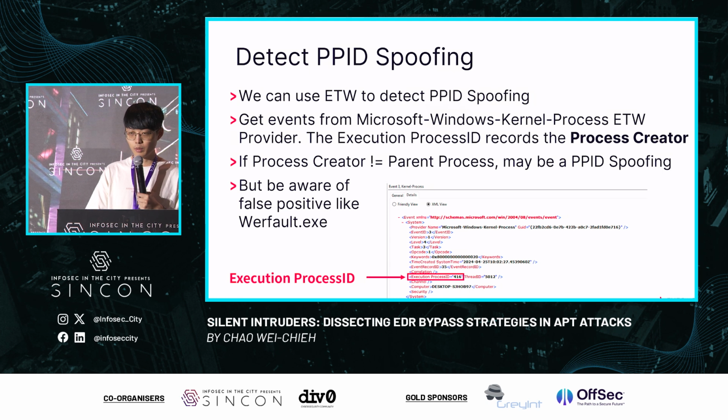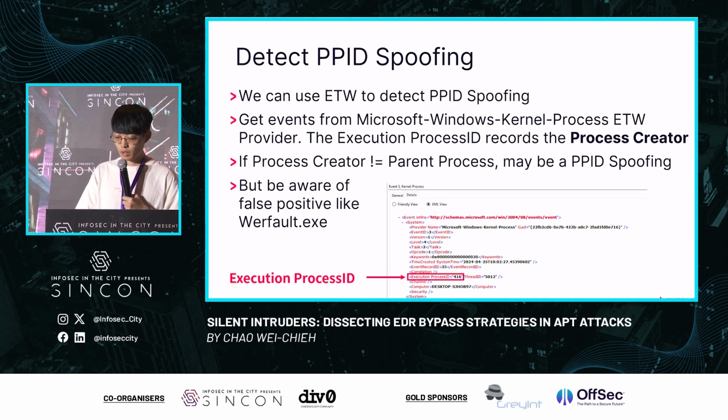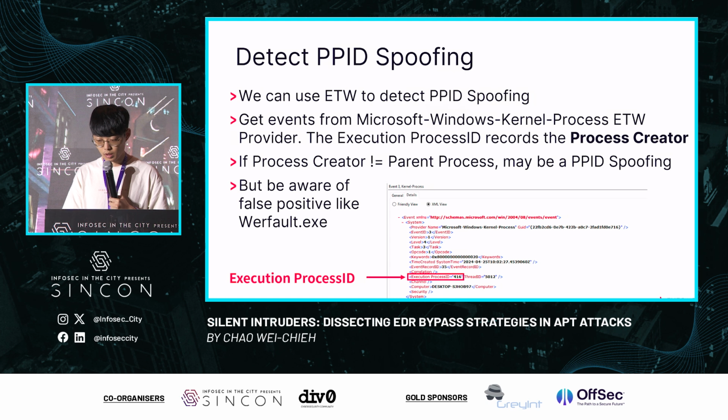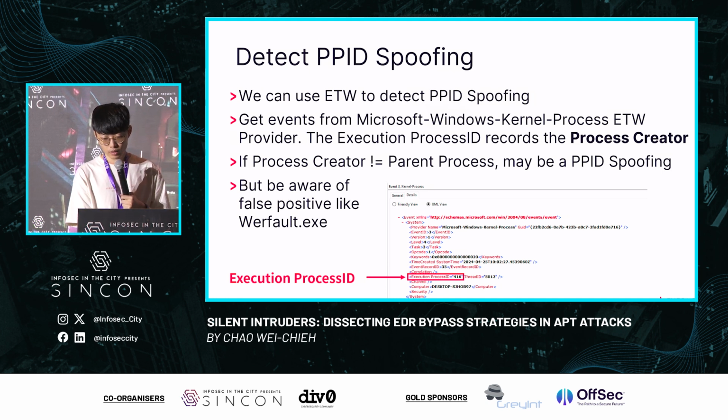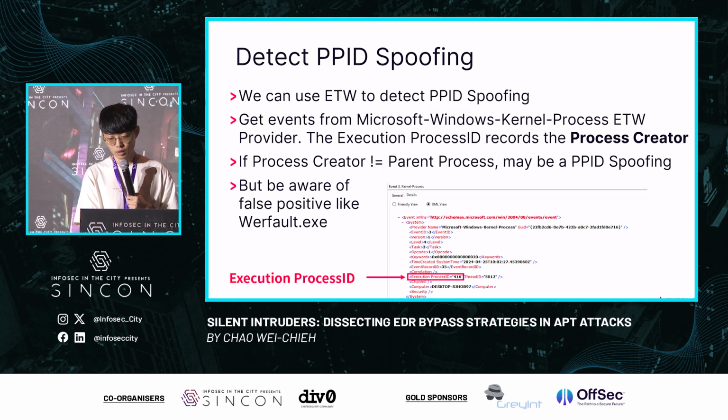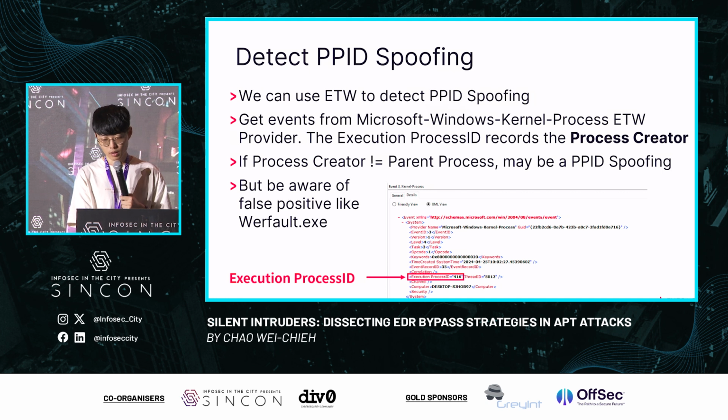To detect the PPID spoofing technique, we can use the Microsoft-Windows-Kernel-Process ETW provider to get the events. The events generated from this provider will record a field called the execution process ID, and this field records the creator of the process instead of the parent of the process.